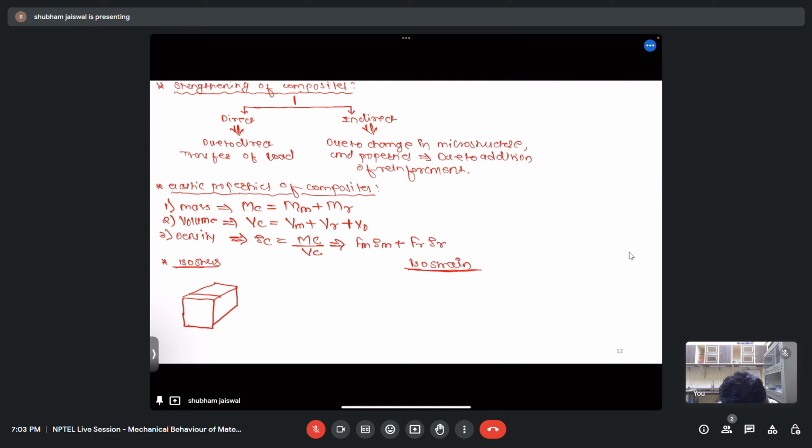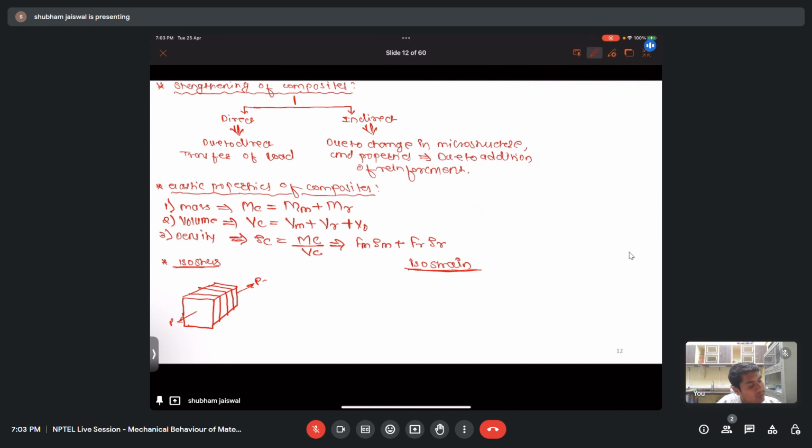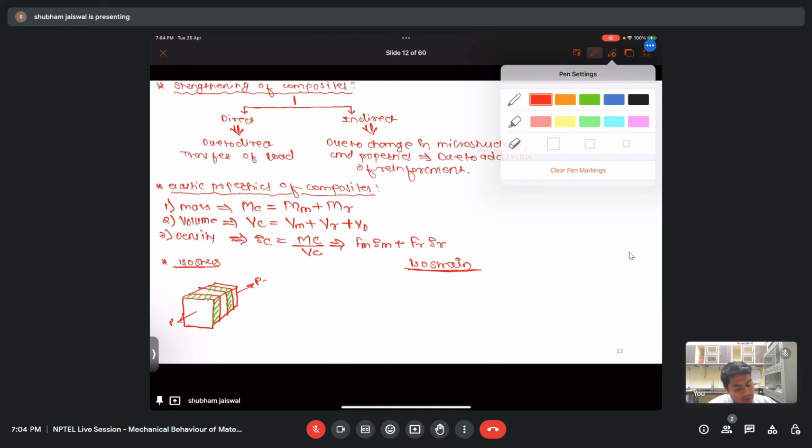Let me show. So here I have applied some load P, and here also I have applied some load P. So in this case, the stress on my composite will be uniform throughout. So that's why we call it the isostress model.